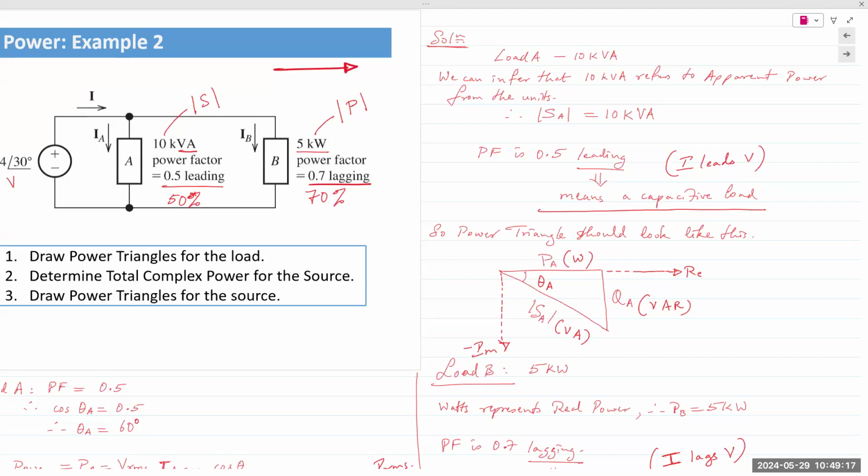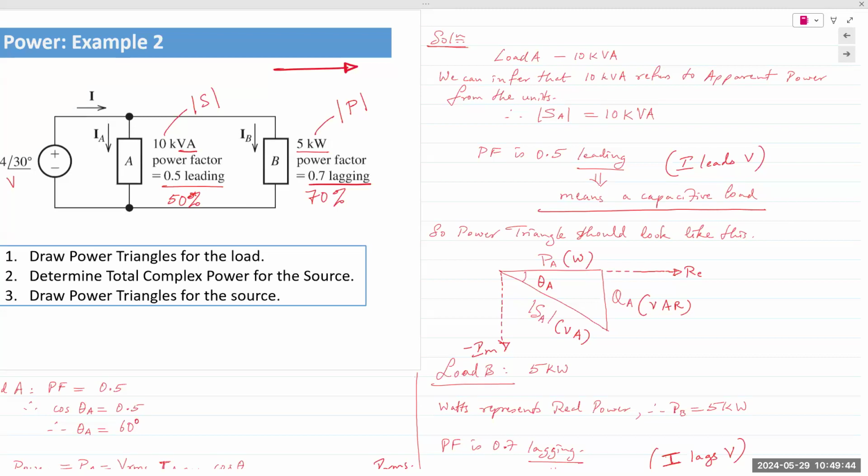The leading and lagging is straightforward. ELI the ICE man: voltage for an inductor always leads the current. Voltage is the reference for power factor. The status of the current is the status of the power factor. If current lags, power factor is lagging.